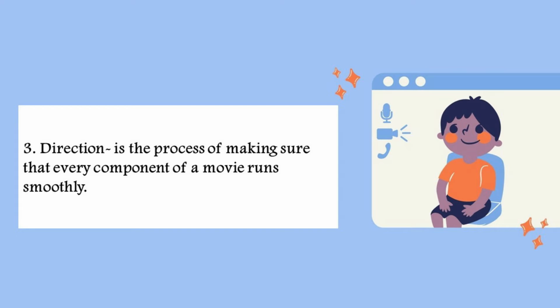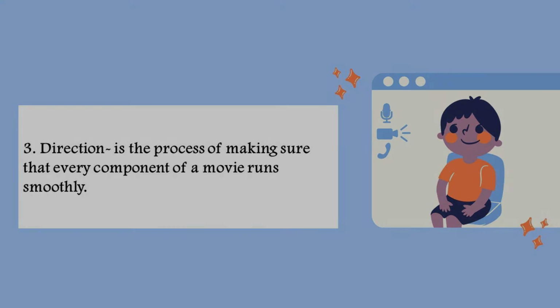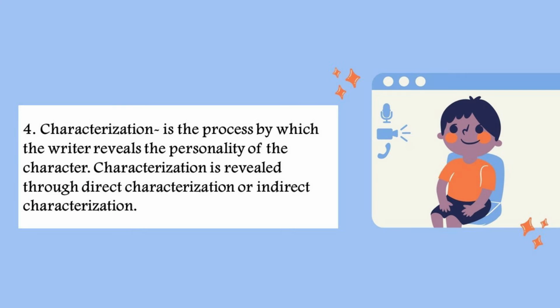Direction is the process of making sure that every component of a movie runs smoothly. Characterization is the process by which the writer reveals the personality of the character. Characterization is revealed through direct characterization or indirect characterization.